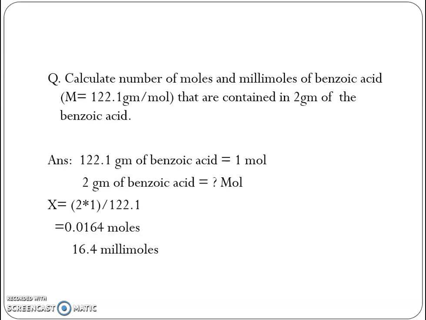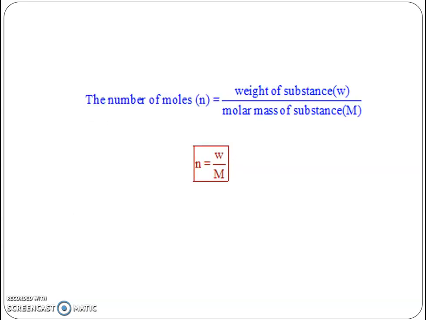You can see here we have done the same thing. For calculating the number of moles in 2 gram of benzoic acid, what we have done is 2 divided by 122.1. So 2 is the weight and 122.1 is the molecular weight. So here comes your formula. Small n is equal to W upon M.